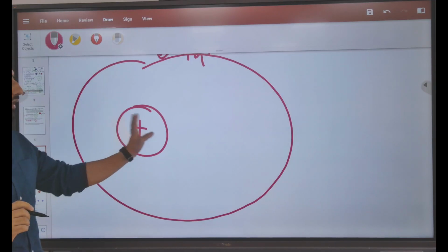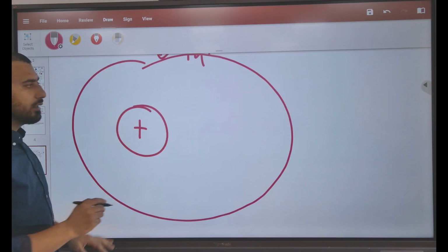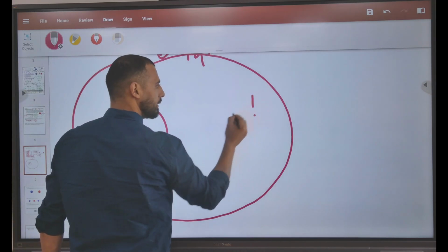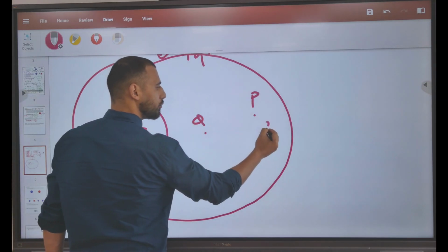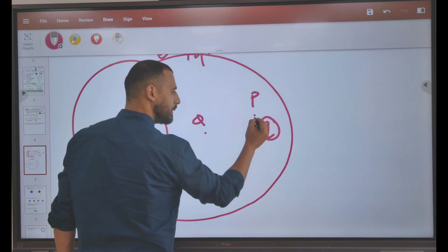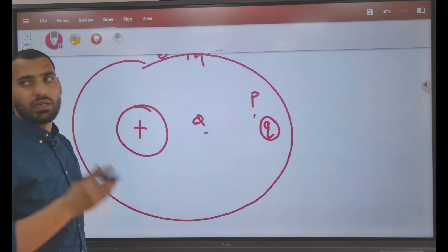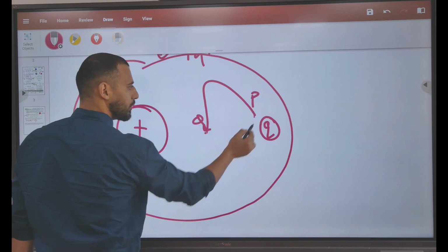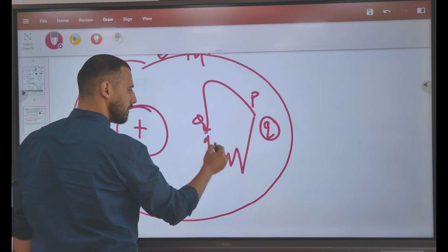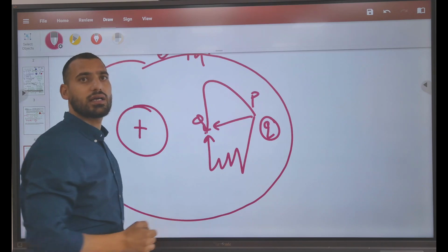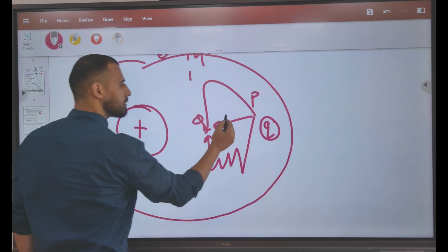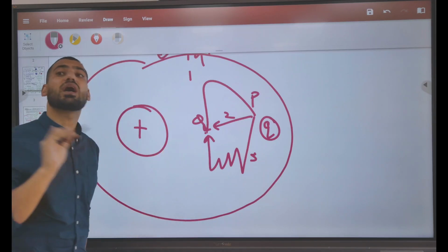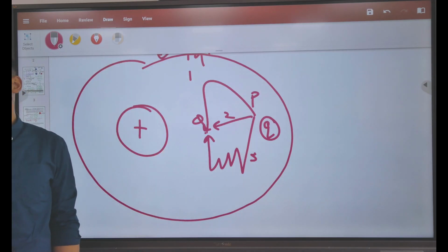See, now we have a charge, a source charge, okay? There is a point P and then there is a point Q, and you want to take this small charge from P to Q. You can take it in any way, right? You can take it like this, you can take it like this, or you can take it direct. If I ask you, this is 1, this is 2, and this is 3, along which path is the work maximum? Same.